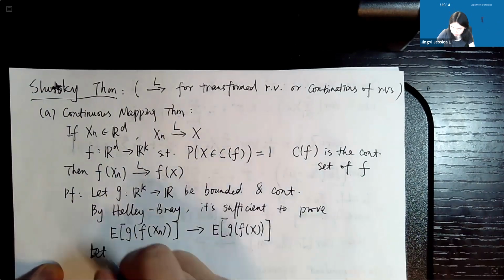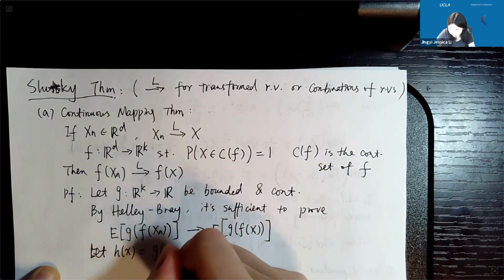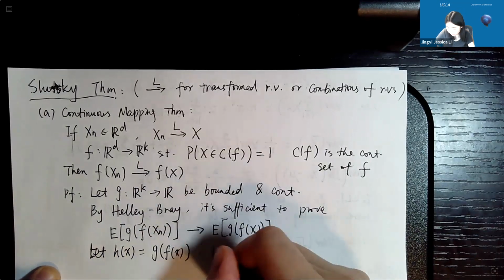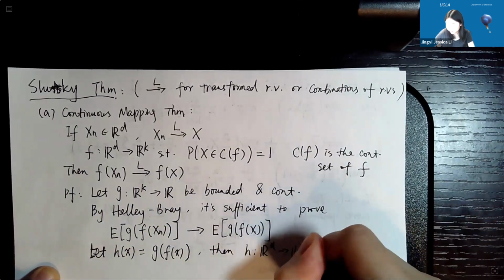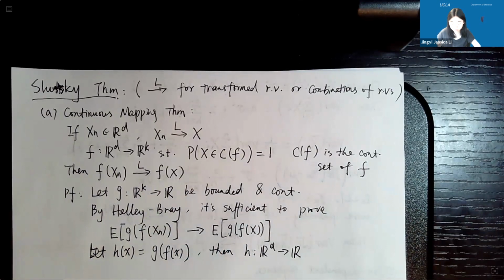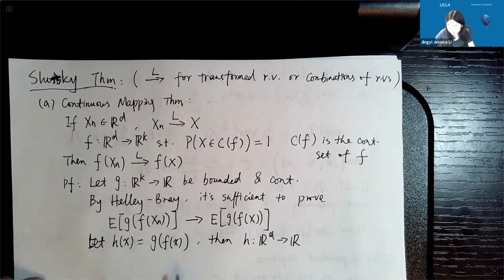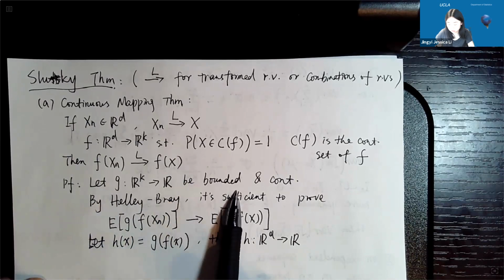Okay, so we define H(x) to be G(F(x)). By this definition, you can see H basically maps from R^d to R. It's a composite function. And furthermore, we have something about the continuity set. We know H by definition is a composite of G and F, and G is bounded and continuous.